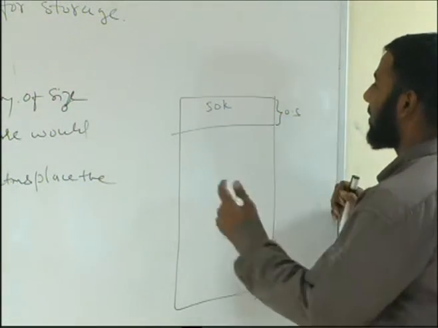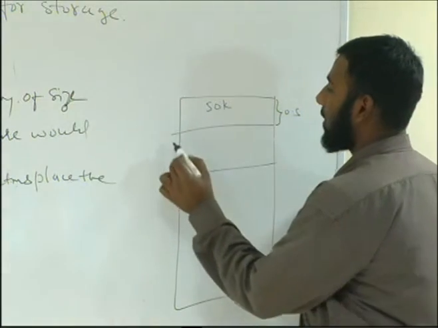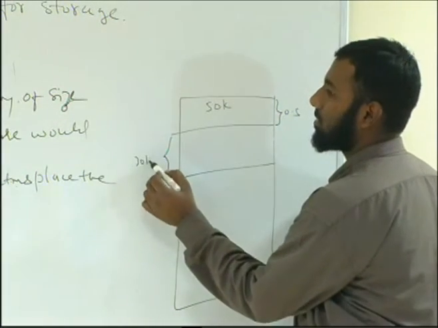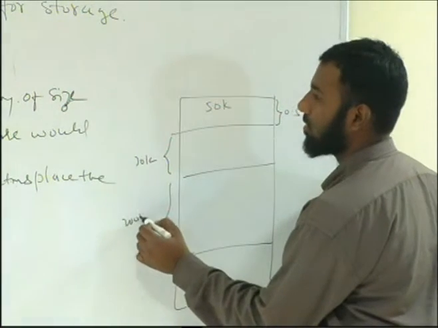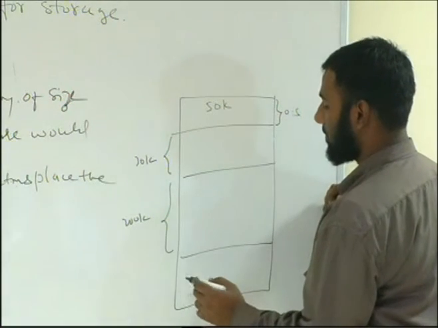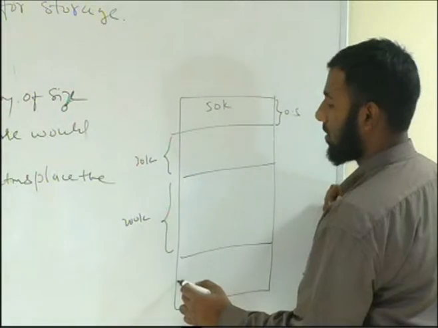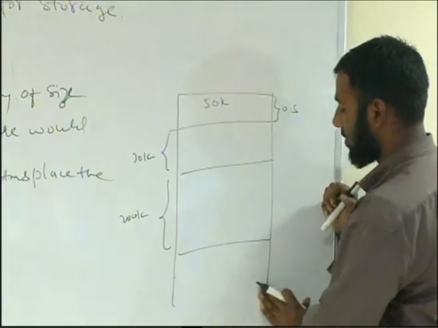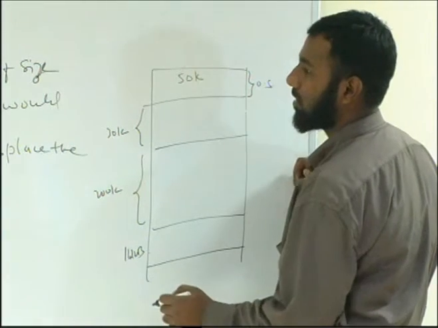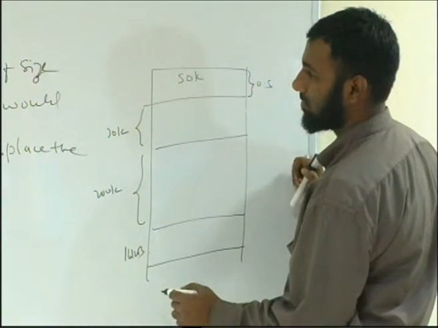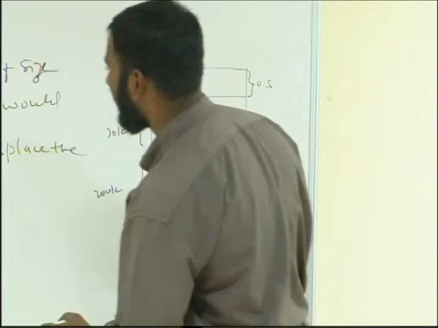So here I have 30 kilobytes, and next I have a 200 kilobyte partition, then I have 16 kilobytes, then I have 30 kilobytes.